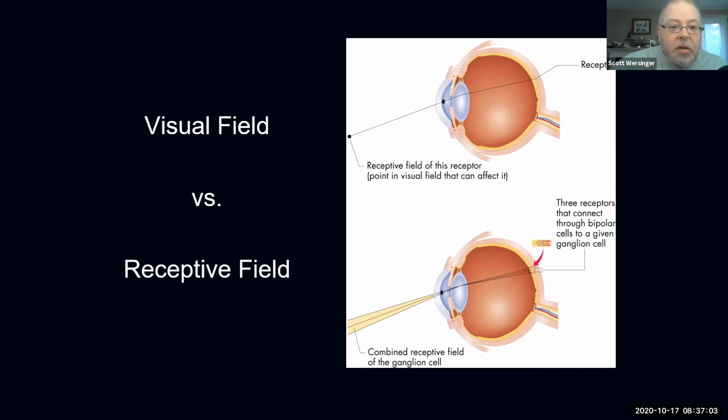The visual field is everything you can see. Okay, so everything you can see is the visual field. Receptive field is going to be that part of the visual field to which an individual cell responds.